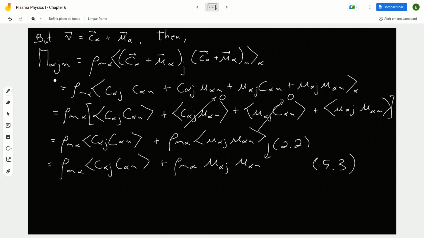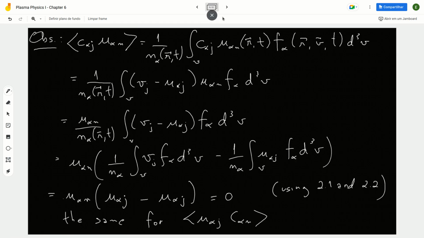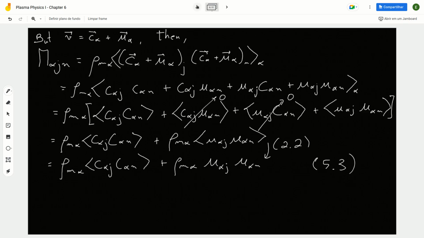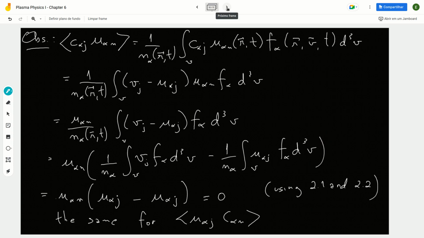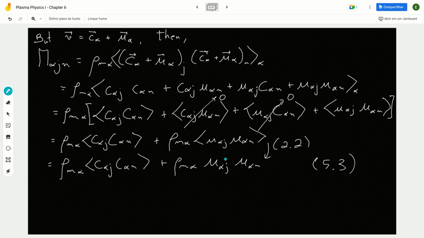This is a second order tensor, and the components are given by 5.3. What does the full tensor look like? From this expression, you may have alpha z, alpha y, alpha x. So I have 3 vectors, each one of them with 3 components given by an expression like this.